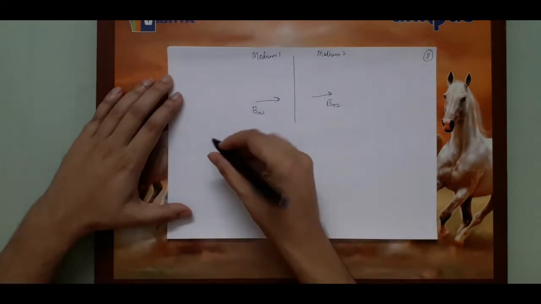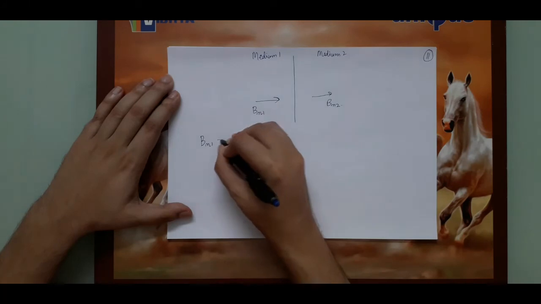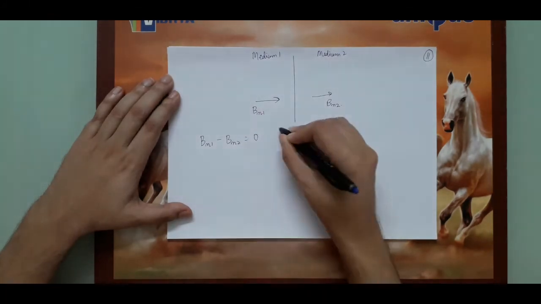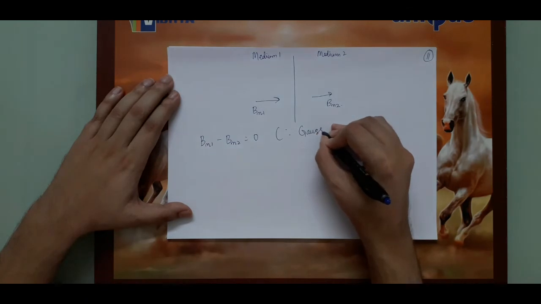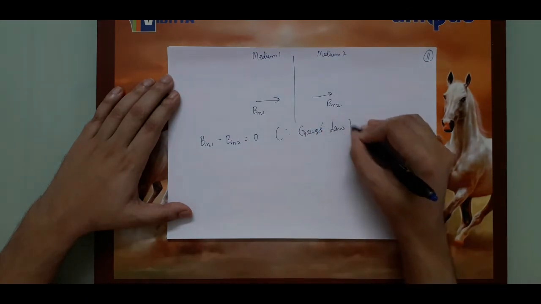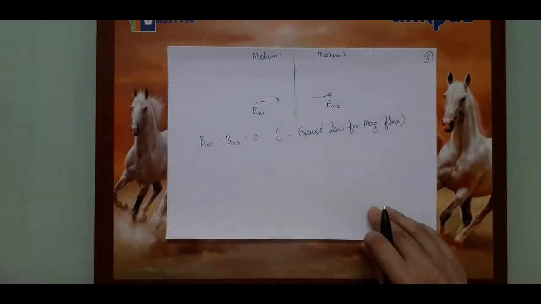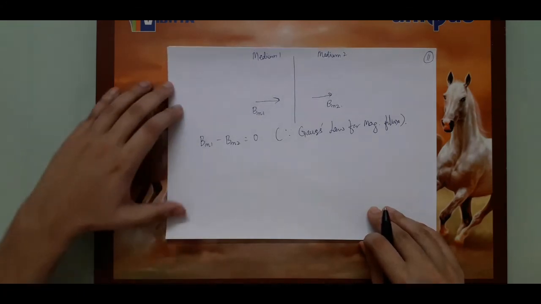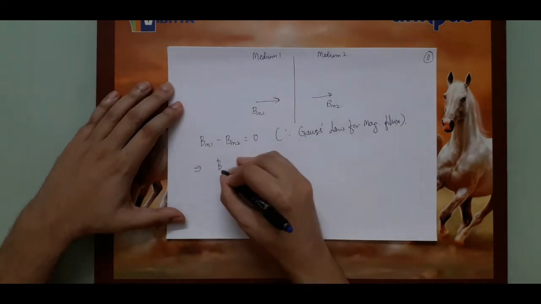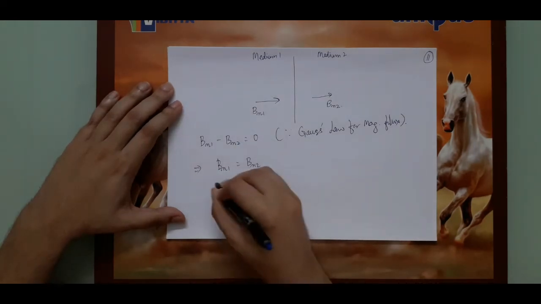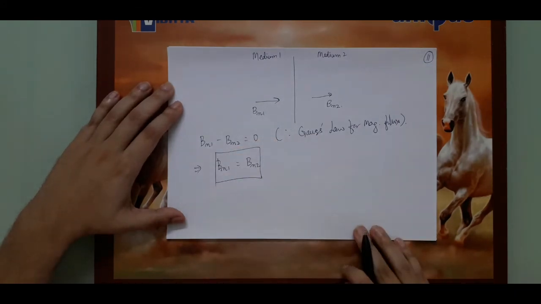So without having to solve some big proof, I can say Bn1 minus Bn2 is equal to 0, since Gauss's law for magnetic flux. So with this I can say Bn1 is equal to Bn2. So the normal component of the magnetic field or magnetic flux, whatever you may want to say, will always be continuous.